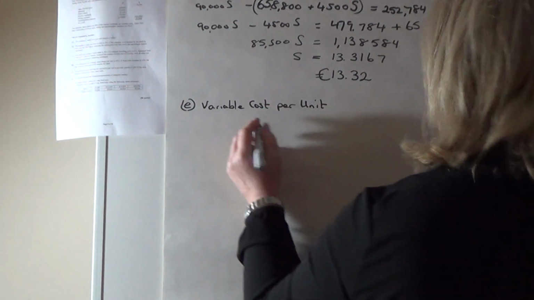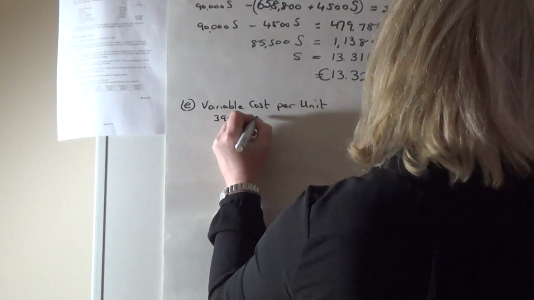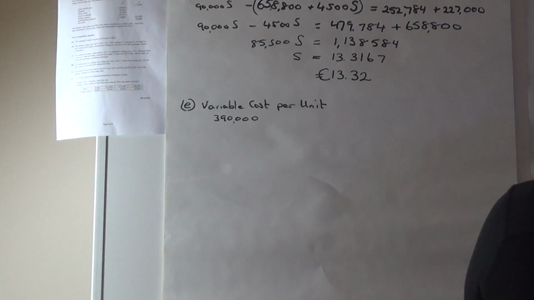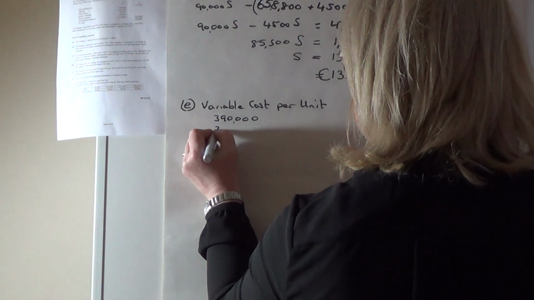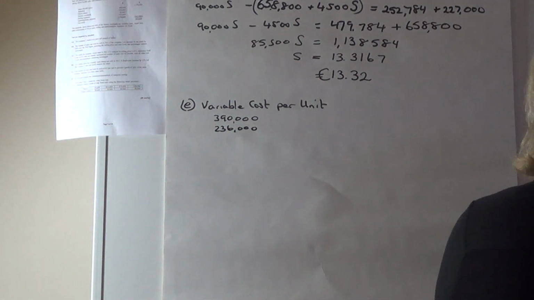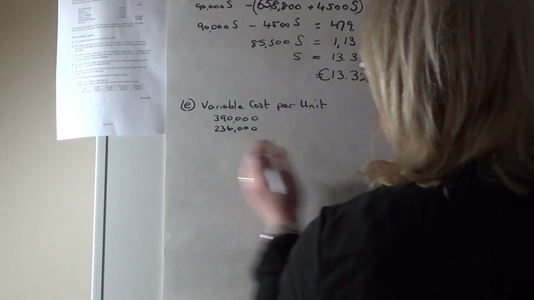So again, it hasn't changed in that we've 390,000 in our costs, which were our direct materials, and we had wages of 236,000, and we had 32,800 as the factory overheads, that was 40%.